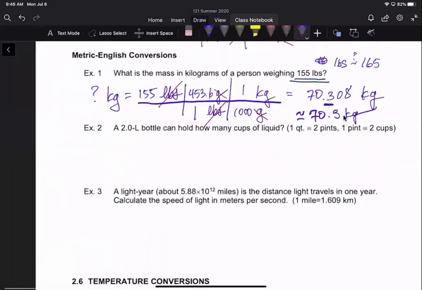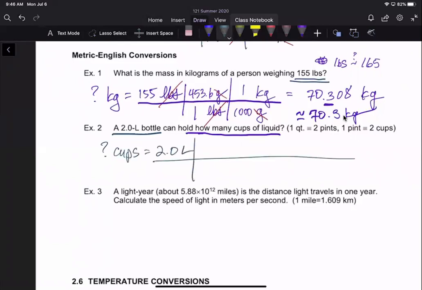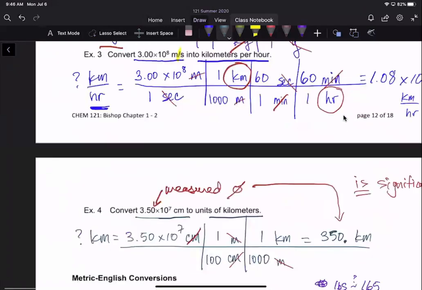All right, we'll do a couple more. How many cups are in a 2.0 liter bottle? We'll need to cancel out liters. And here we have these pints and cups, but how do we go from cups to liters or liters to cups? Well, let's go look at that table again.